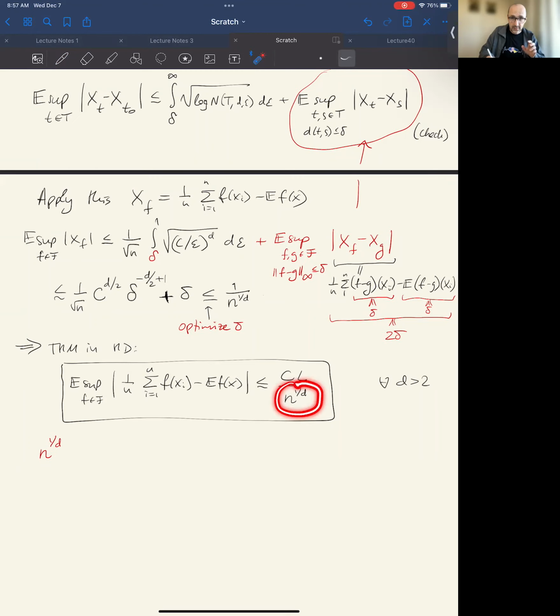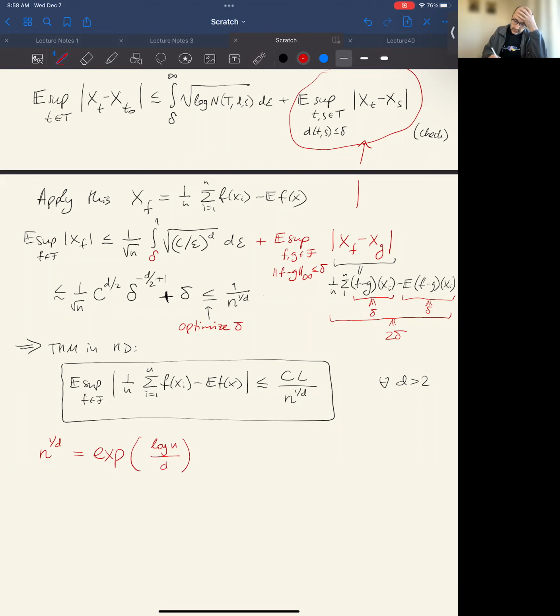This is the only term that drives down the error. How large is this term? This is e to the power log n divided by d. So let me write it this way: e to the log n divided by d.